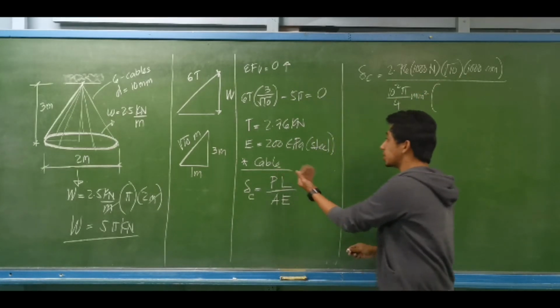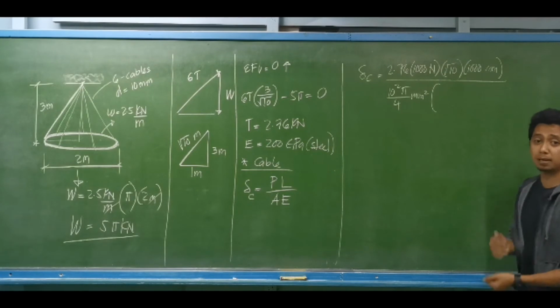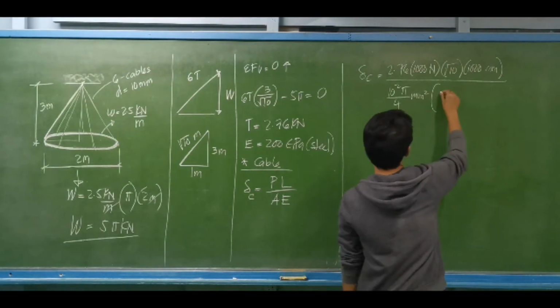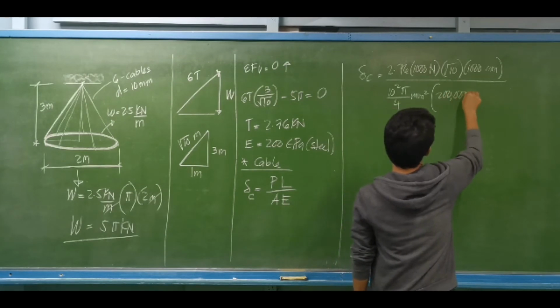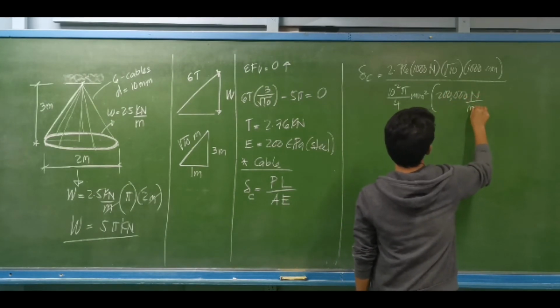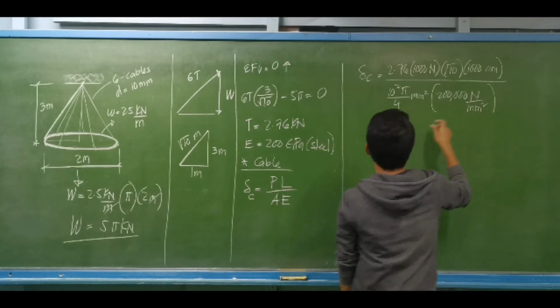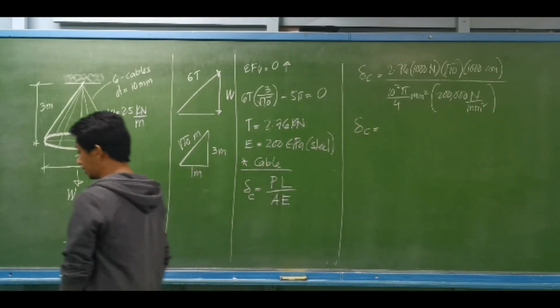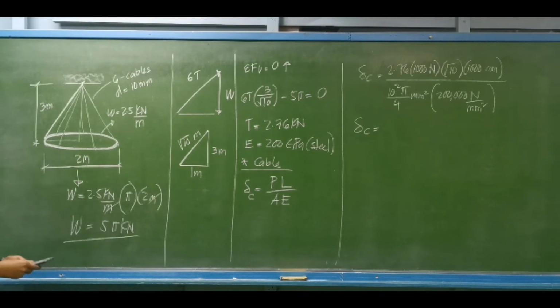There are cases in our board exam that E is not given, but if it is assumed to be steel, we have 200 gigapascals or 200,000 megapascals, or newtons per square mm. So let's get the deformation or elongation per cable.